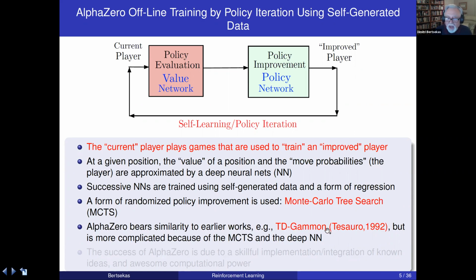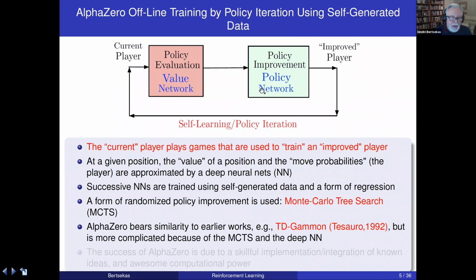Backgammon is a complicated game of strategy and also chance. It's not as difficult as chess, but it still involves a lot of subtleties and intricacies. And Tesauro also had this self-learning policy iteration idea.